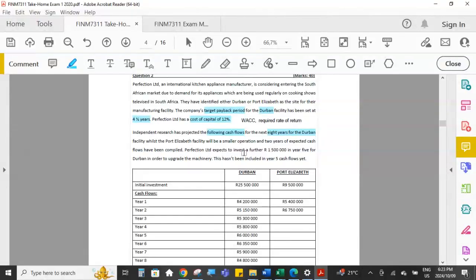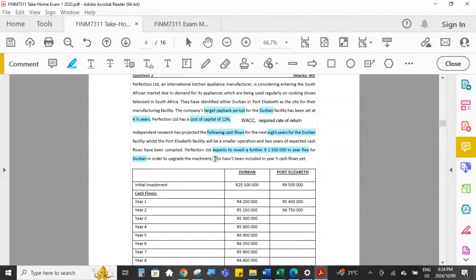Perfection Limited expects to invest a further, and this is important because we have to adjust the cash flow, 1.5 million in year 5 for Durban in order to upgrade the machinery in year 5. So basically they're saying we'll make an investment now at time 0, and then in year 5, we will have to have another cash outflow to the value of 1.5 million.